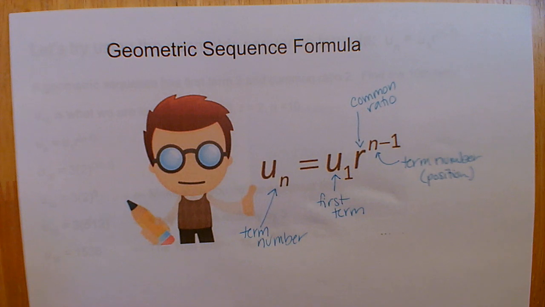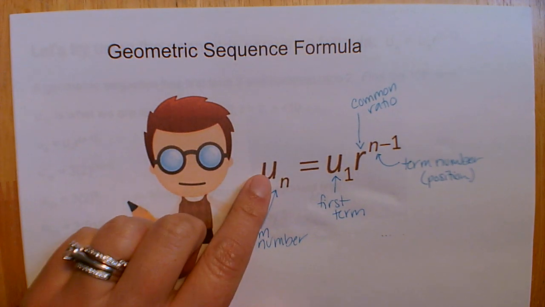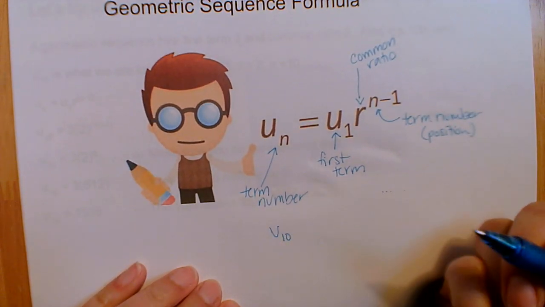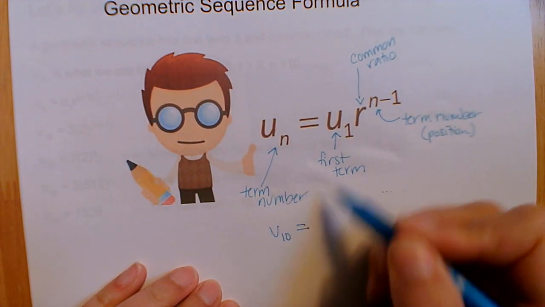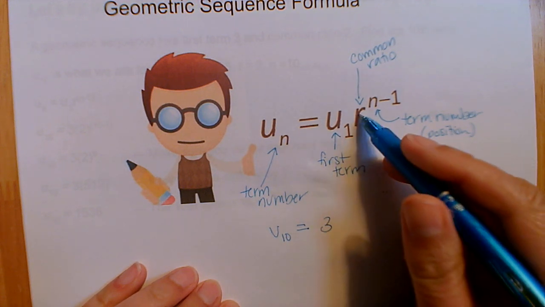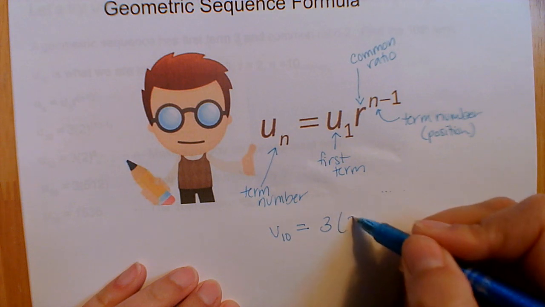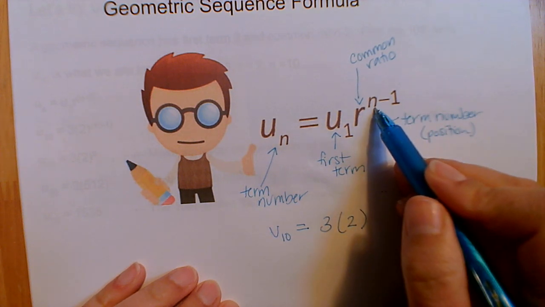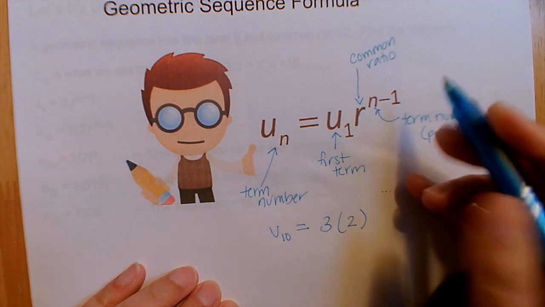And yes, we just found the geometric sequence formula. Yay! So here's the term number. That was our u sub 10. Okay, equals. This was the first term. Our first term was 3. Okay. This is the common ratio. Our common ratio was 2. All right. This is the term position, and then minus 1.